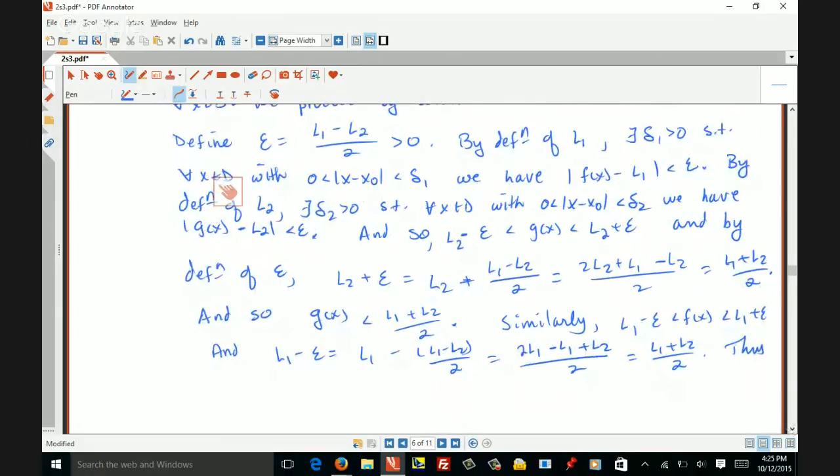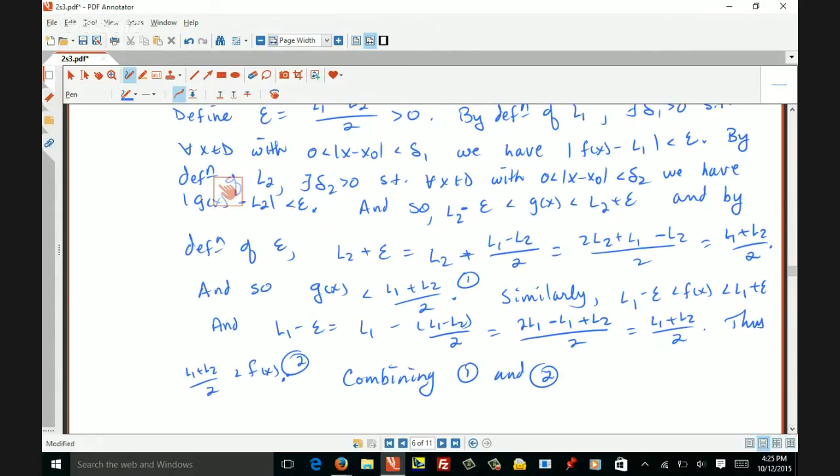Thus, f of x is bigger than L1 plus L2 over 2. Putting these together, what you get is g of x is less than L1 plus L2 over 2 is less than f of x for all x.